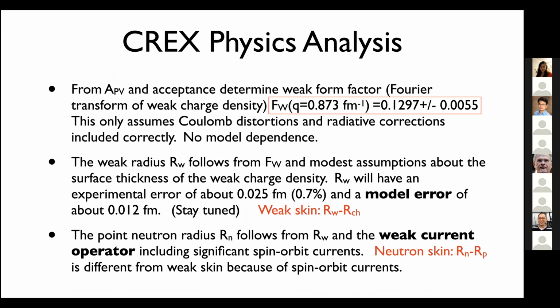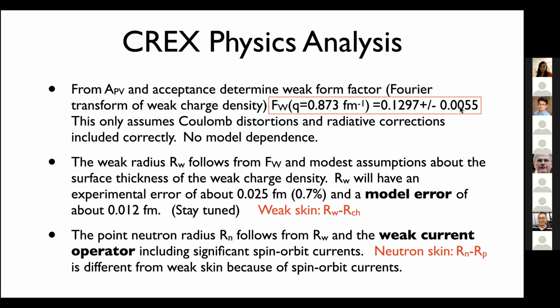Okay, let me just try and summarize here and look forward to your questions. So from the measured parity violating asymmetry and the acceptance of the detector, we've determined the weak form factor, the Fourier transform of the weak charge density.